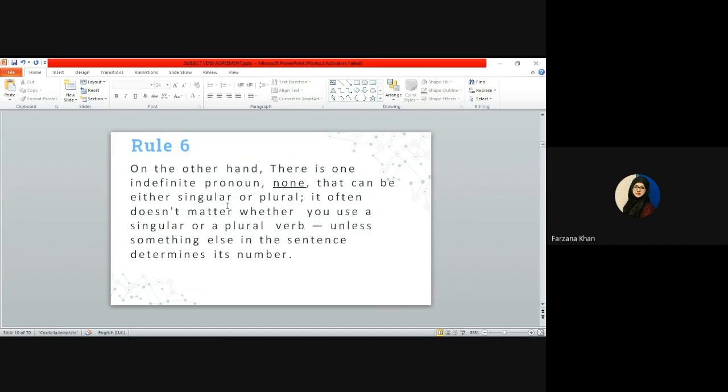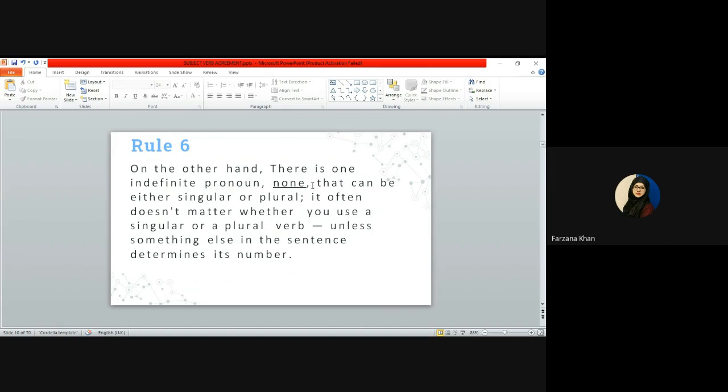Well, the rule number 6. On the other hand, there is one indefinite pronoun which is none. It can be either singular or plural. It can be used both as singular and plural.